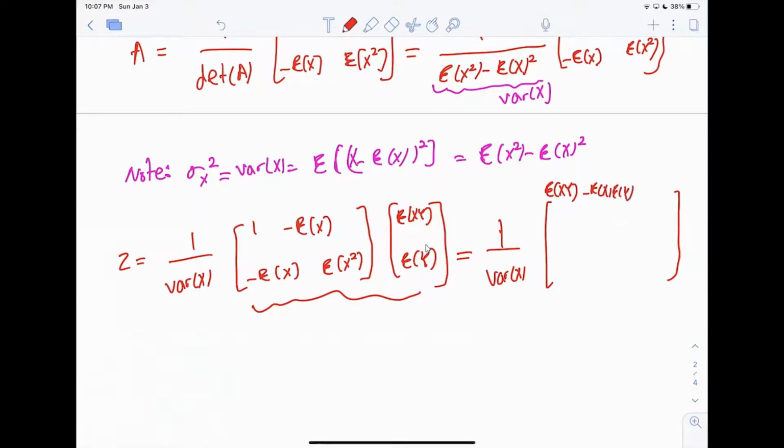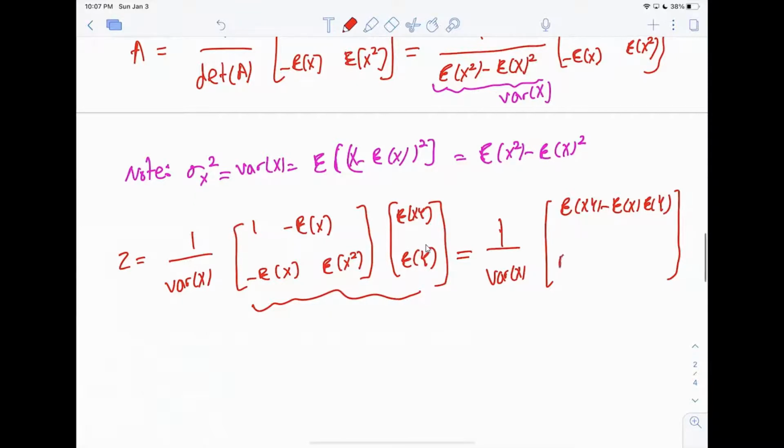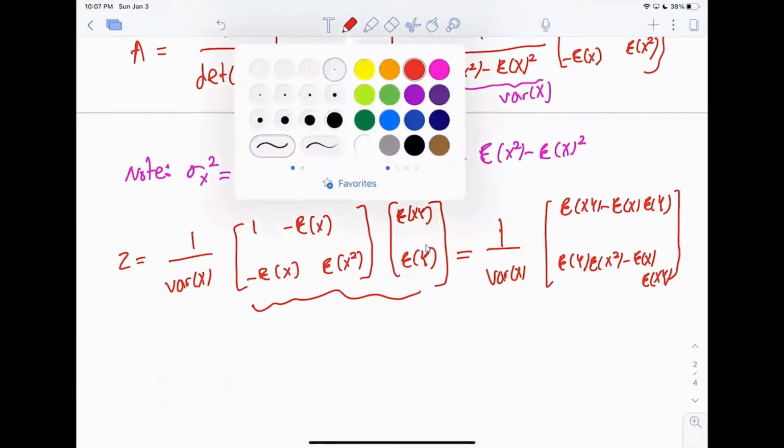That's this one. The other one, though, is equal to E[y]E[x²] minus E[x]E[xy]. Good, great. So this corresponds to Z.